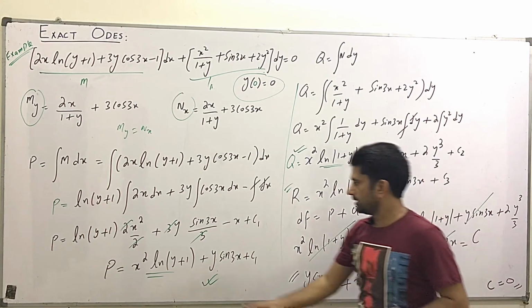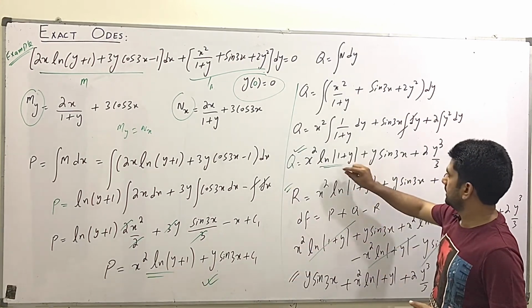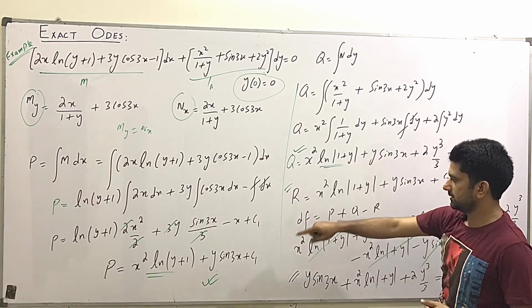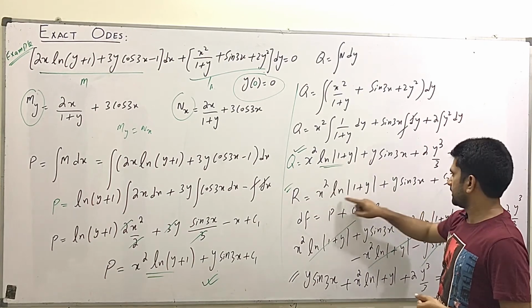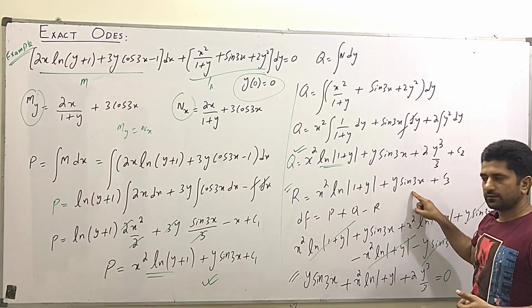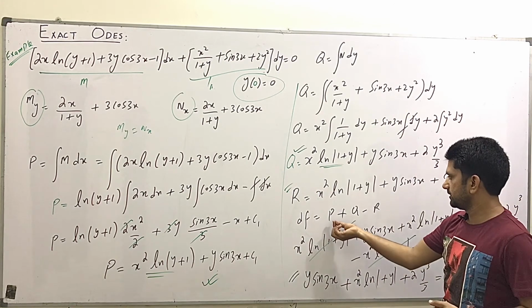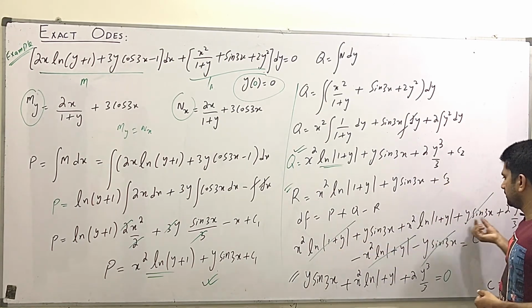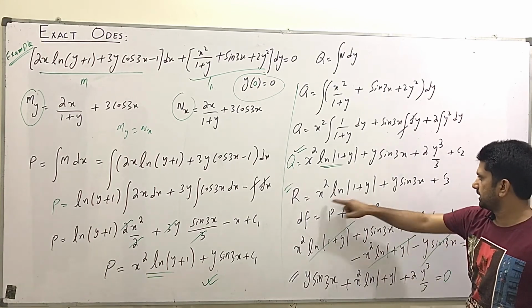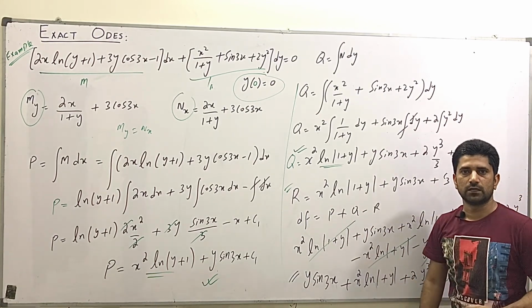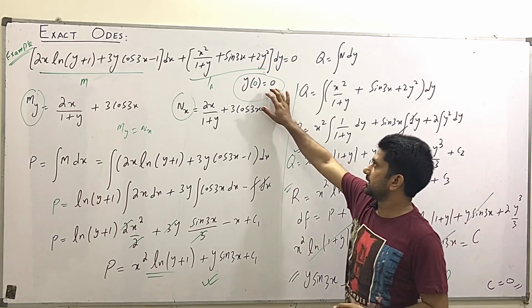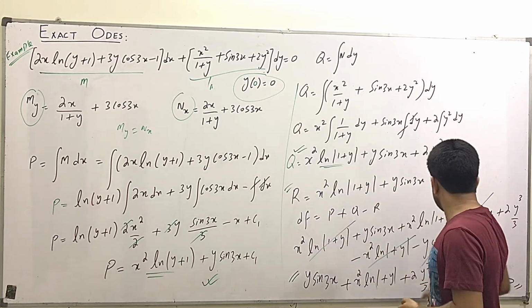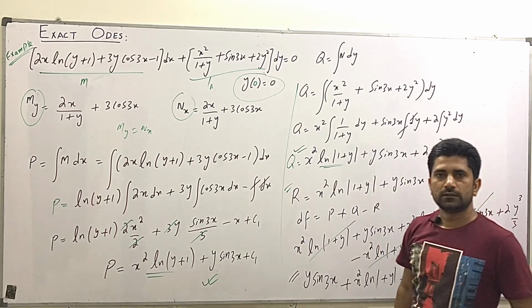So we see that this and this are common, both have y sin 3x and x² ln(1+y). After this we have the final answer, which is P plus Q minus R. We write P, we write Q, and minus R means this sign will be changed and some terms will be cancelled out, and we impose the initial condition, find c and write down the c value in the last step.